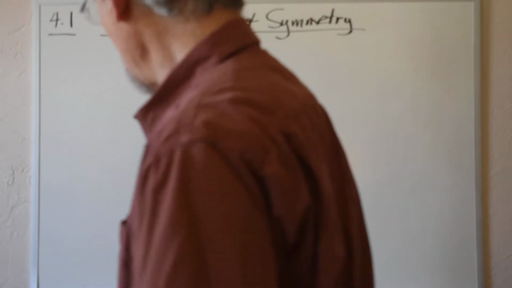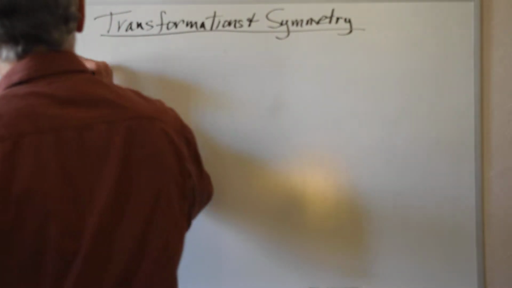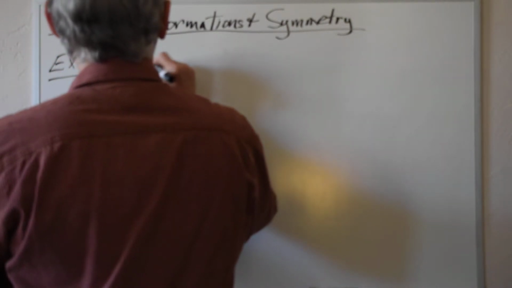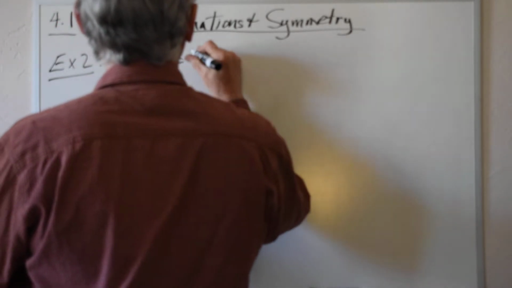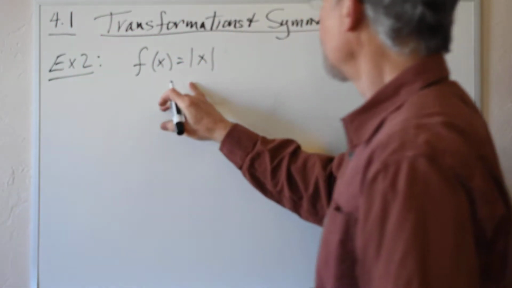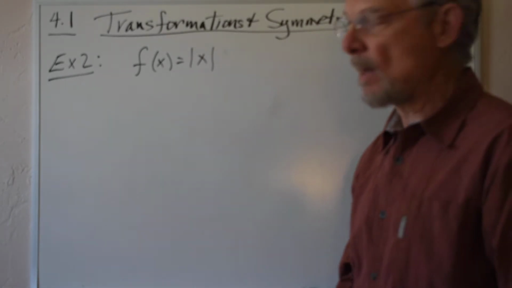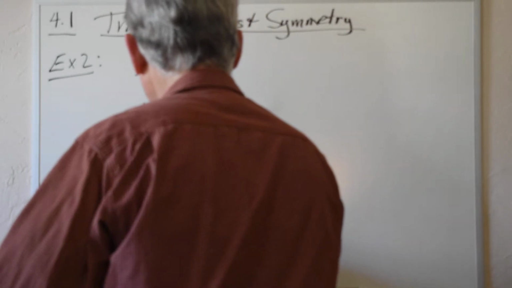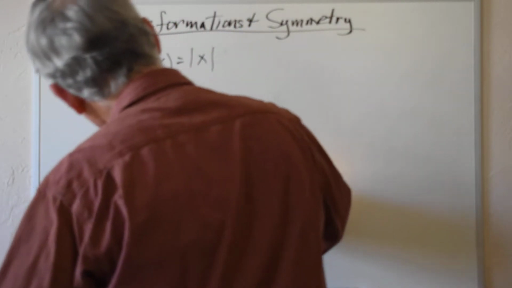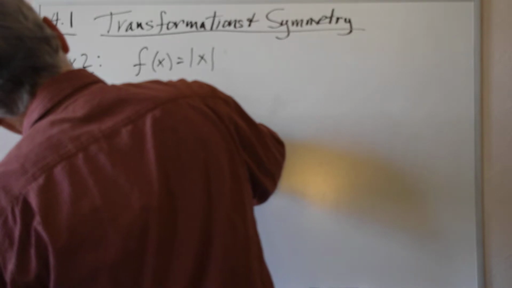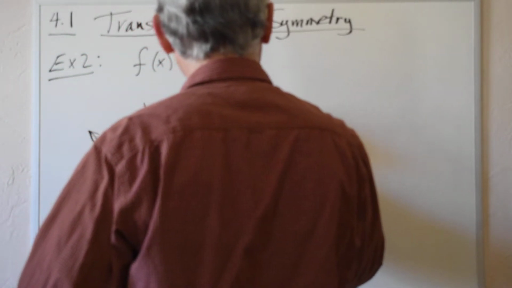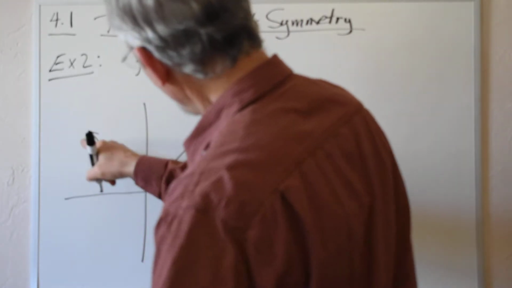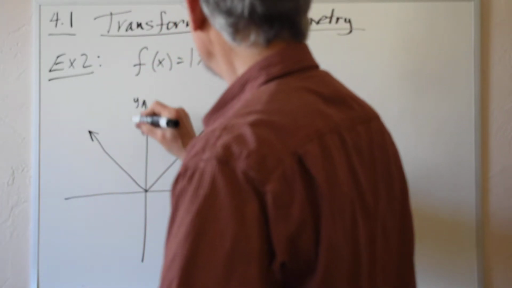In this example, again, we're asked to graph the absolute value function. So we know it looks like that. This one's a little wobbly there, but you get the idea.